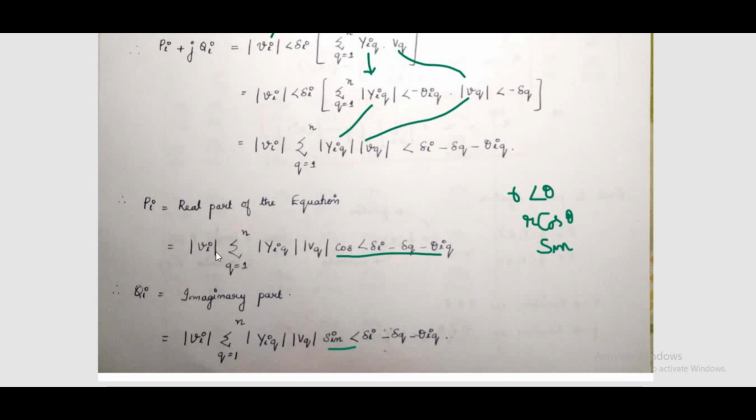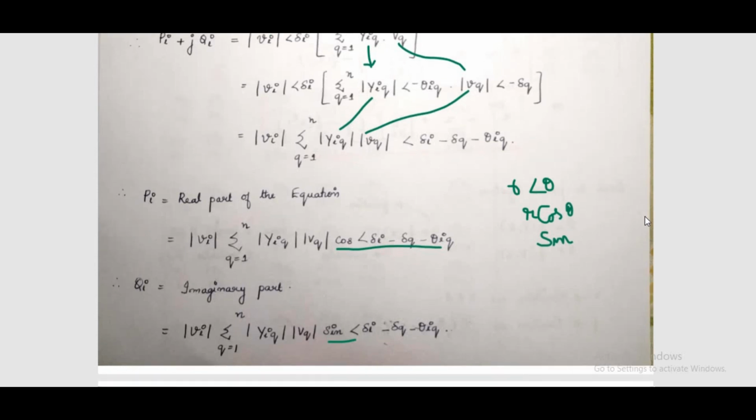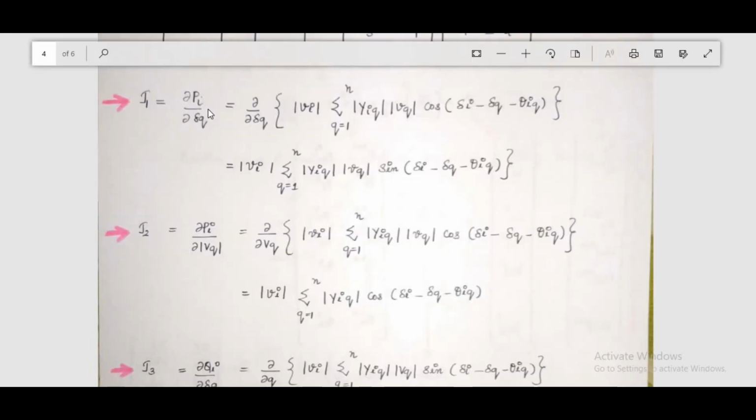Okay, so while differentiating, it is quite simple. With respect to delta, if I am differentiating, the cosine of the angle becomes minus sine. So upon differentiating that Pi with respect to delta, you'll be getting like this.